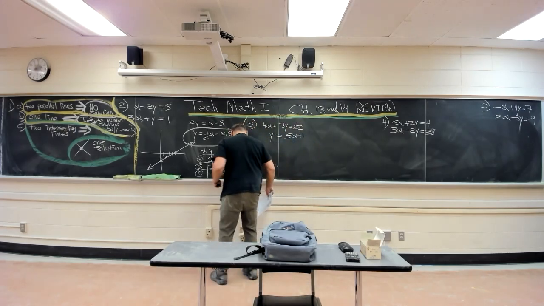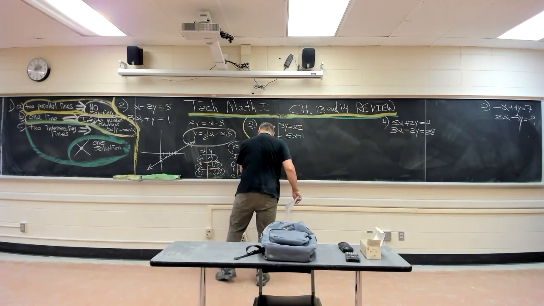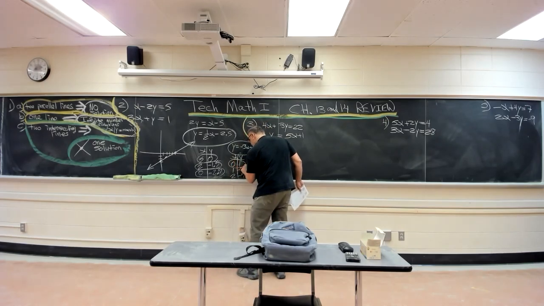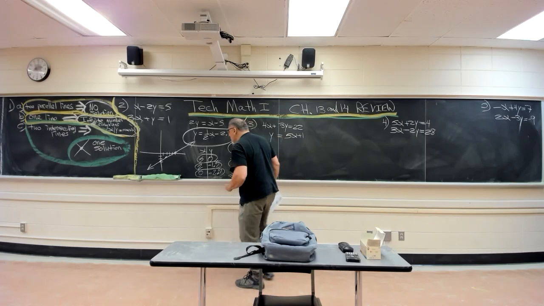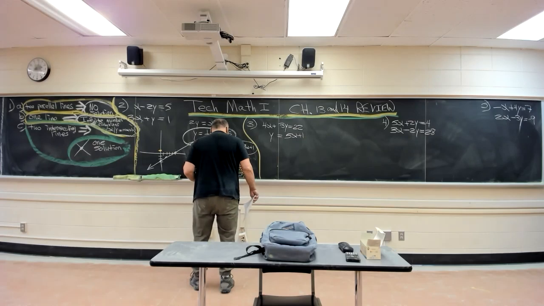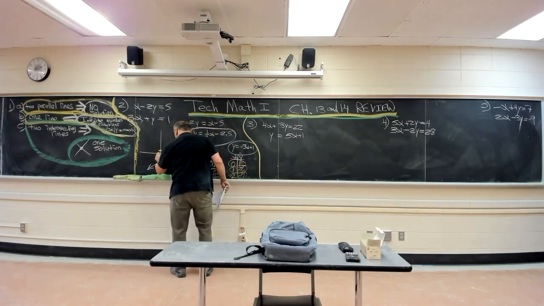So for this one, as it's going, we got 0, 1, 1 comma negative 2.